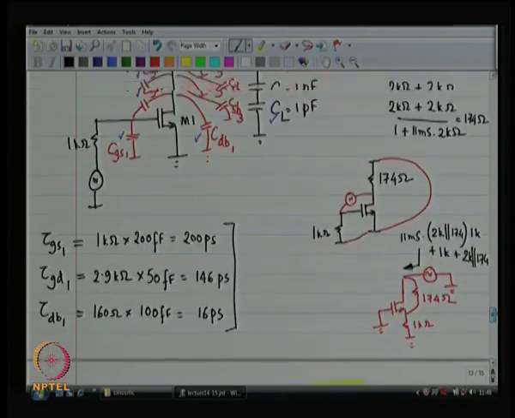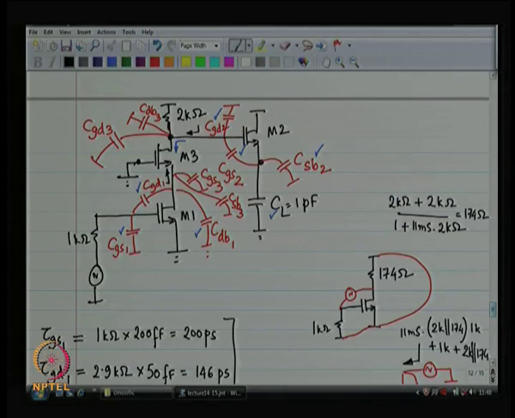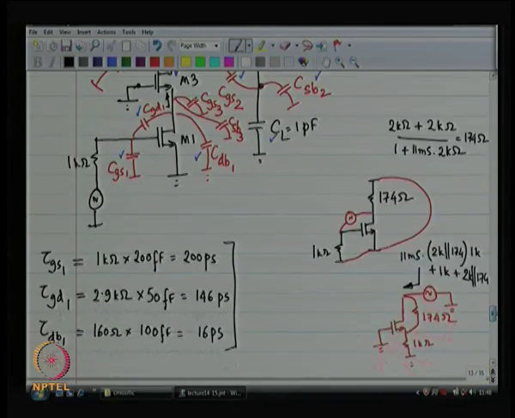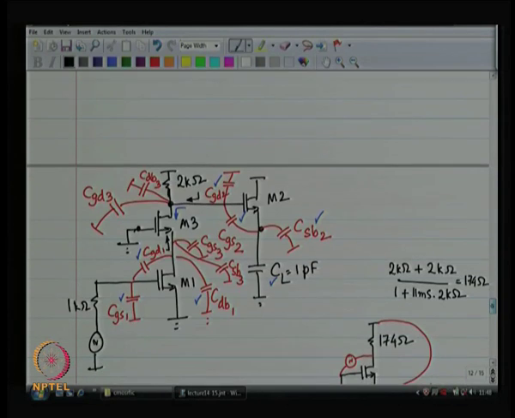Then I have to worry about gate to source 3, which is also similar to source to body 3. So I have to work on C gate to drain 3, which is the same as drain to body 3.